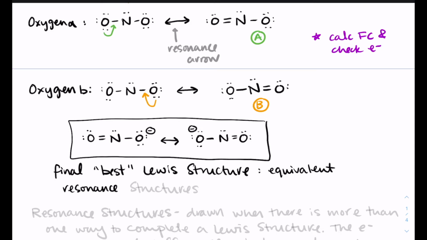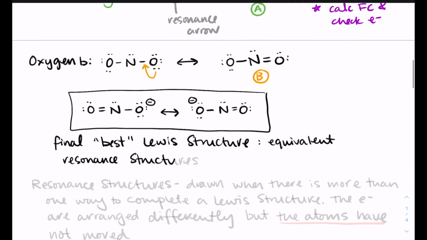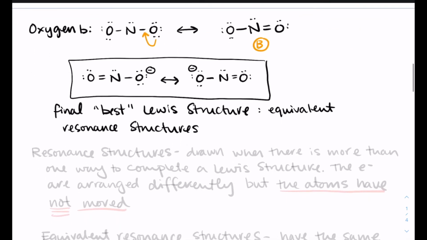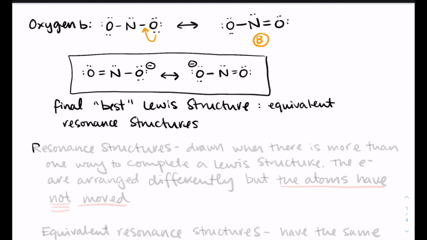If I'm looking at my structure options where either my double bond is on the left or my double bond is on the right, the atoms are in the same place. The electrons are the things that have moved, so I can relate these with a resonance arrow. Every atom has an octet. My formal charges add up to the total charge on the molecule.